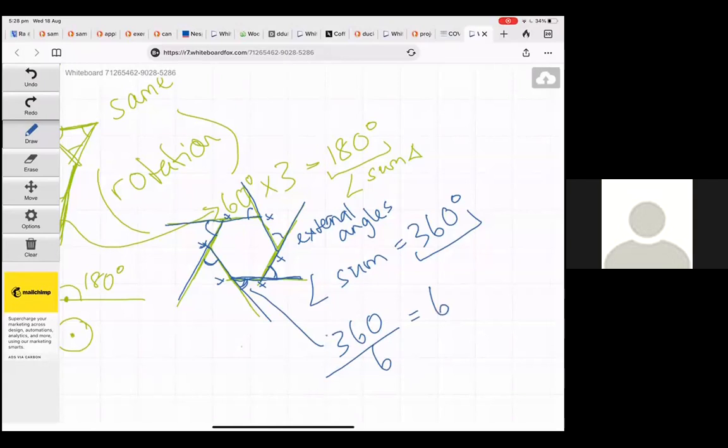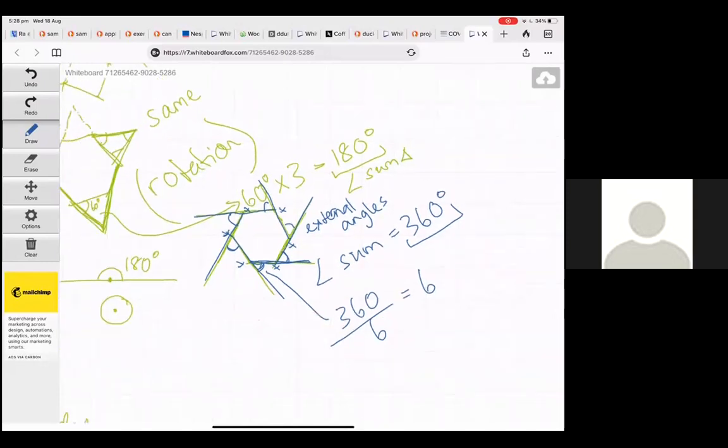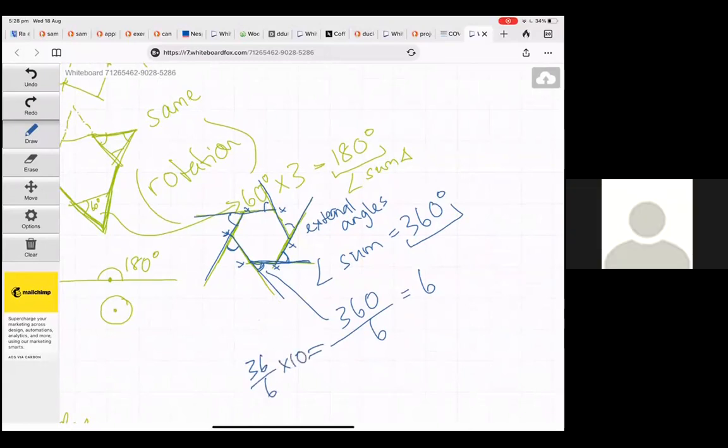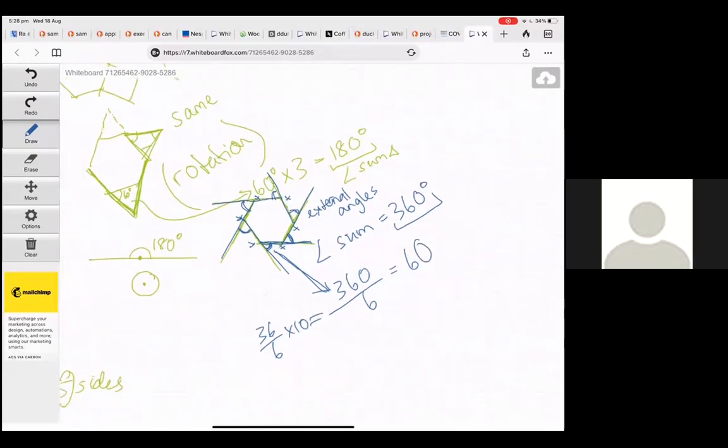So 36 divided by 6 is 6, and then if you add a 0, it's 60. There are actually 6 lines, which is why there are 6 angles too. 1, 2, 3, 4, 5, 6. So each of these angles is 60 degrees.